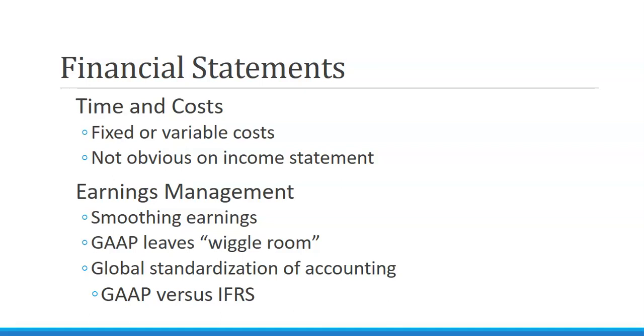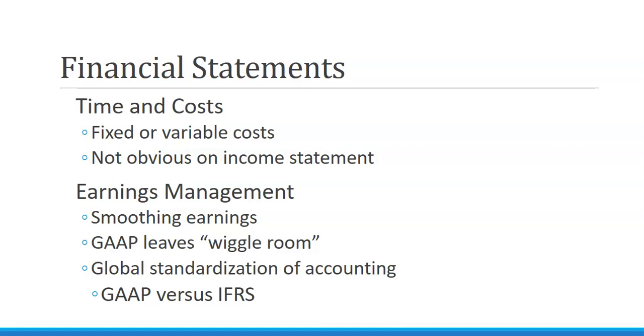It's a controversial practice, and it can move into an illegal practice if we take the wiggle room that is allowed too far. So we might take steps to overstate or understate earnings at various times to help smooth out any dips or surges we have in our revenues and expenses in order to make things look more steady and stable.